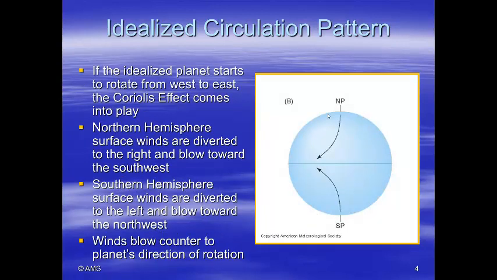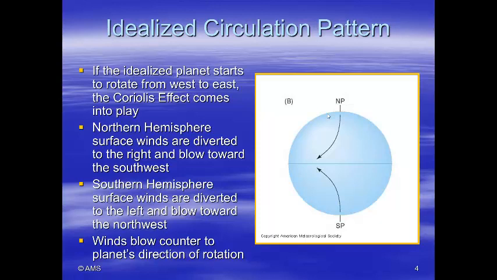But don't forget, we also have the Coriolis effect. So if this idealized planet starts to rotate, the Coriolis effect will come into play. What we'll see is that the air that's flowing down from the North Pole would begin to curve, and the air flowing up from the South Pole would begin to curve.